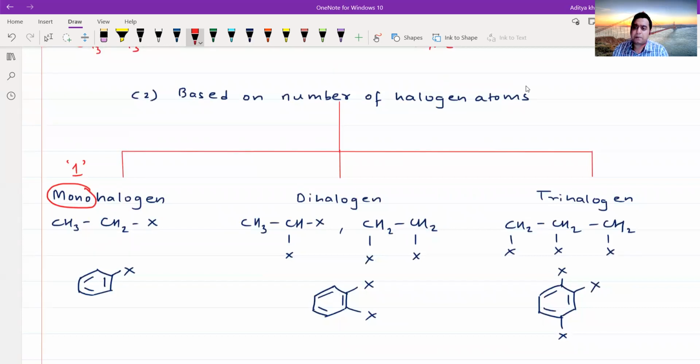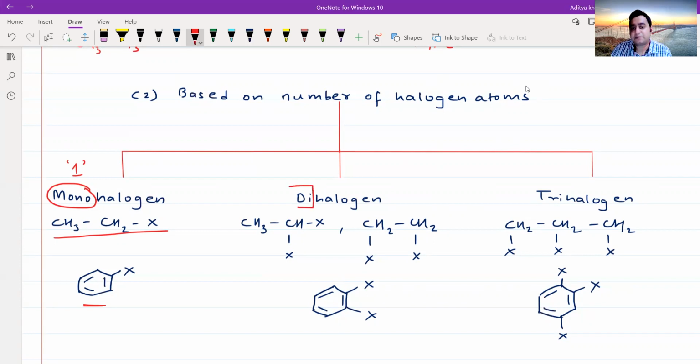So if your compound has only one halogen atom present in it, like you can see here in an example, in which ethane has one hydrogen substituted by a halogen. Similarly, in this one, only one halogen is present. So they are classified into the category called monohalogens.